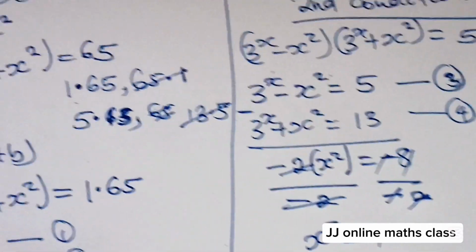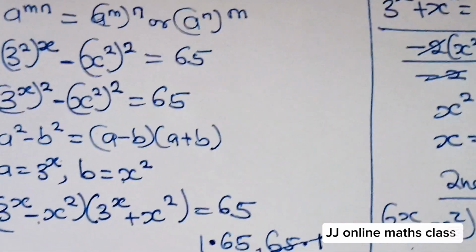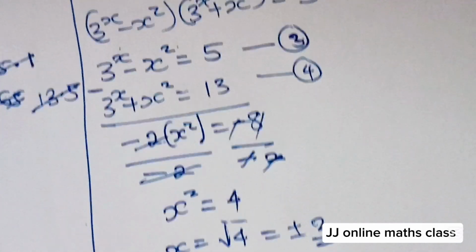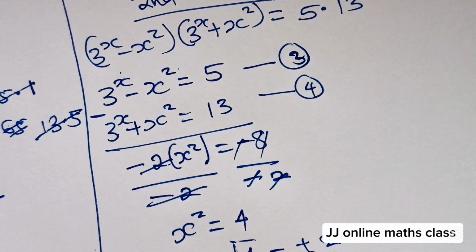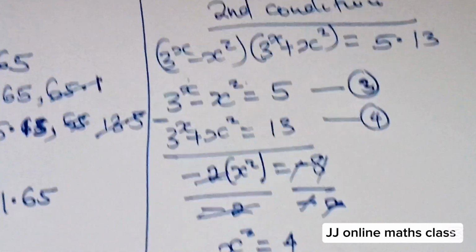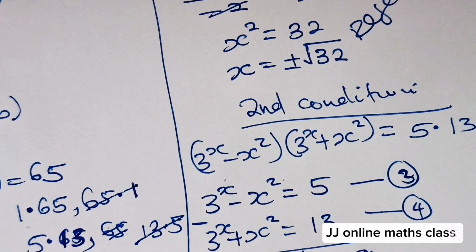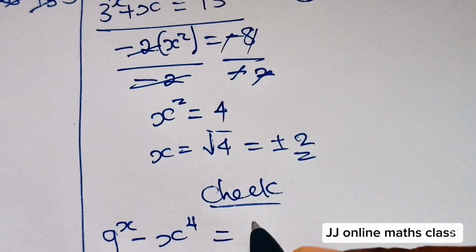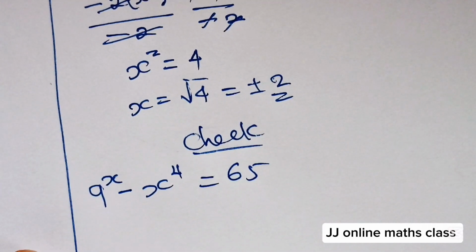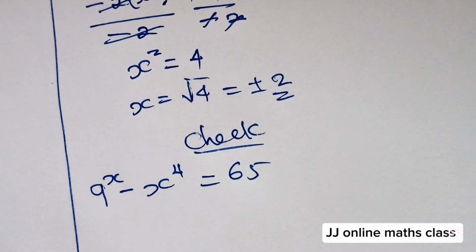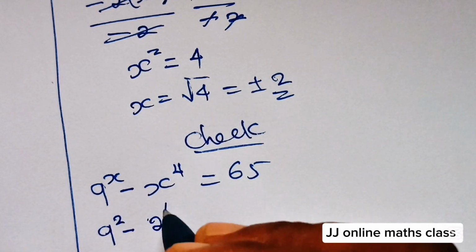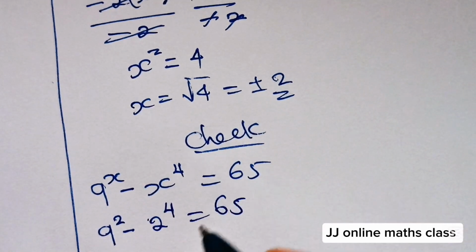From here we can see that we have gotten the value of x, but let's check if what we got is correct. Recall that the equation is 9 to the power of x minus x to the power of 4 is equal to 65. Now let's use plus 2 as x. So 9 to the power of 2 minus 2 to the power of 4 is equal to 65.